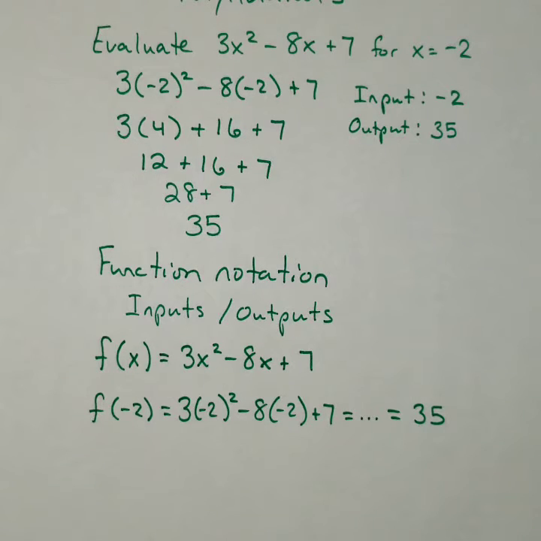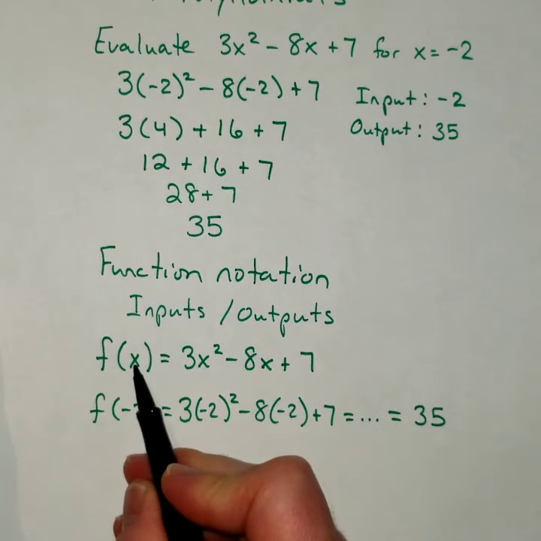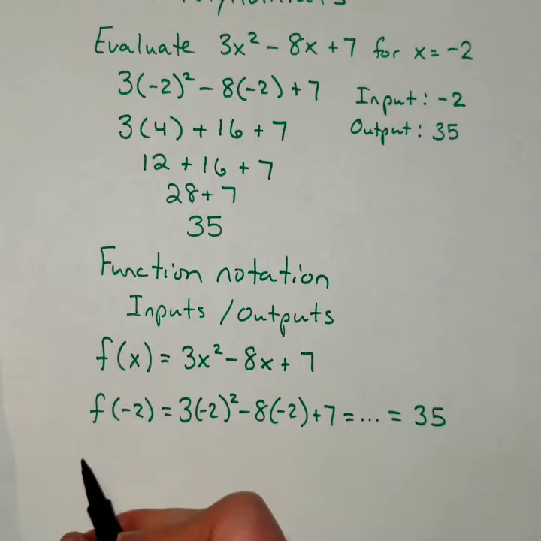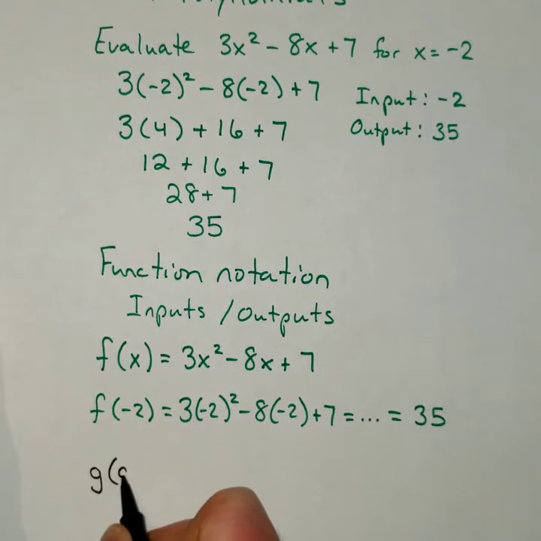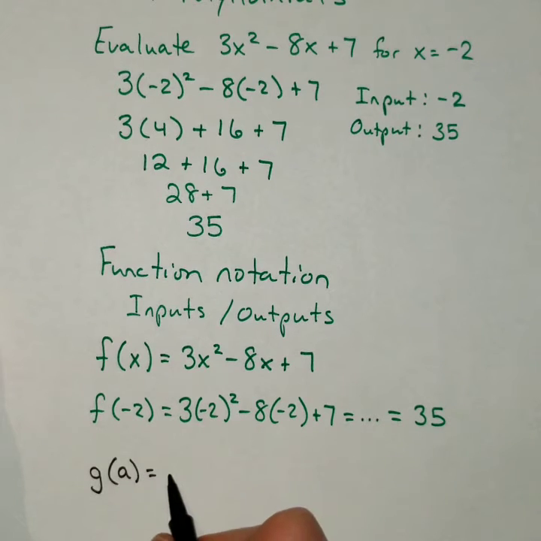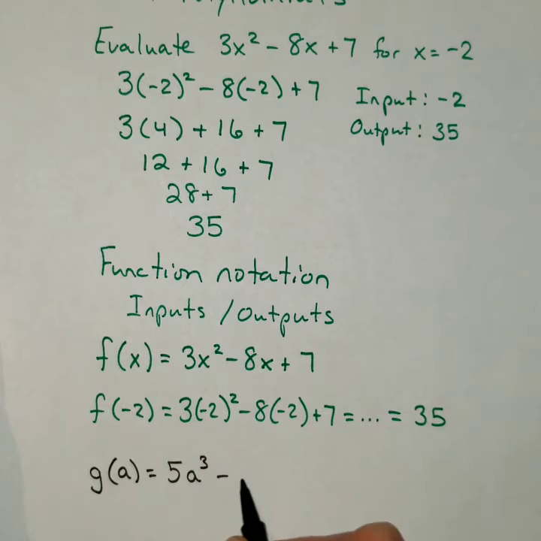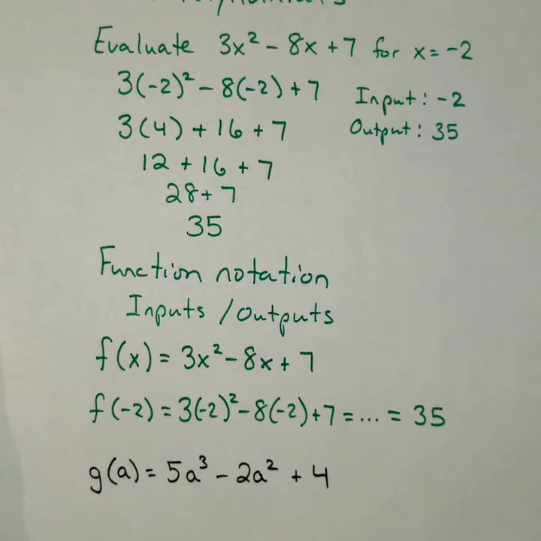Alright, so let's try one. And we can also change up the notation here with the letters. We could say something like, g of a is equal to 5a to the third minus 2a squared plus 4.